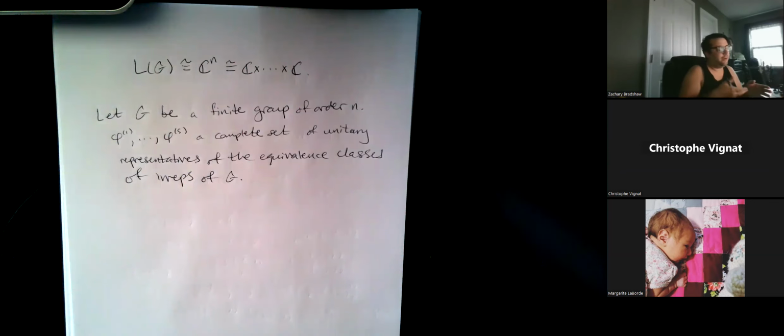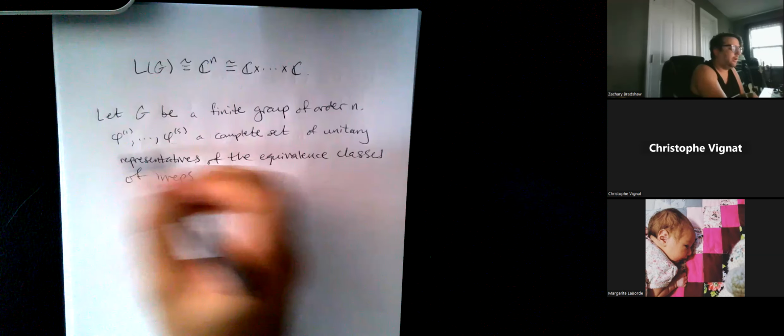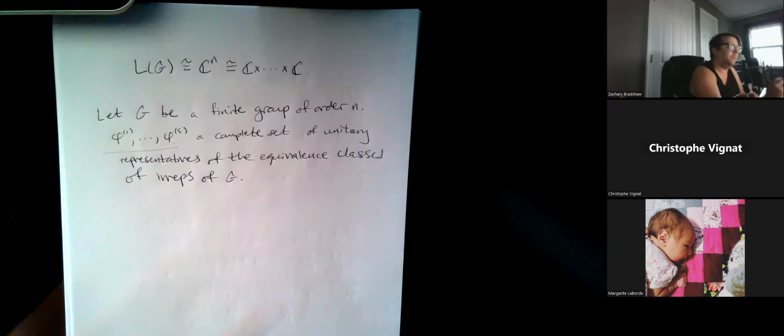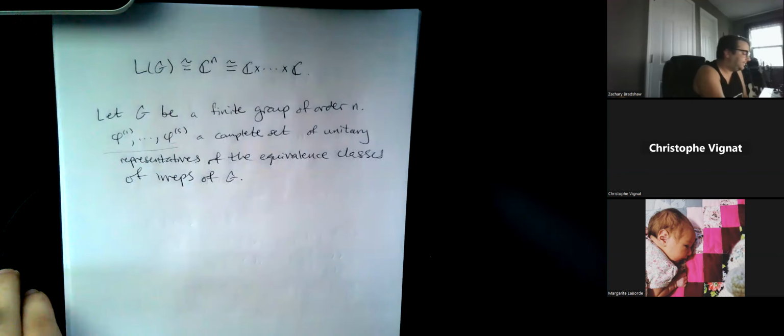And so we mod out by the equivalence relation, which identifies the representations that are equivalent, and we're left with several equivalence classes. Each of those equivalence classes has the same character, because the character is a class function. But the point is just that we choose some representatives, one from each of those equivalence classes.